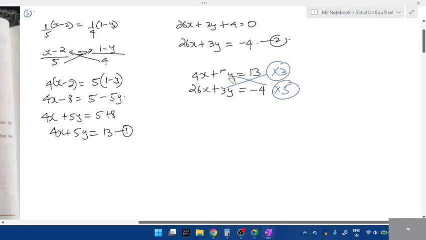Then why here are you not able to answer? Tell me, you don't know why we multiply into 3 and 5? You still don't know why I multiplied? Why did I multiply?